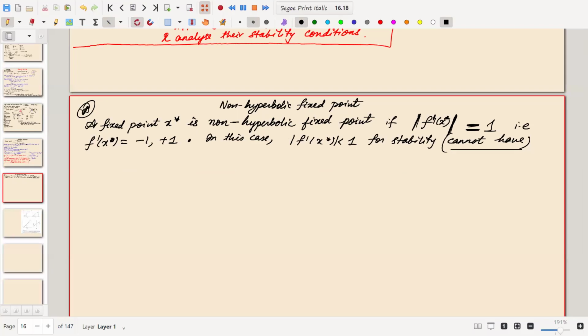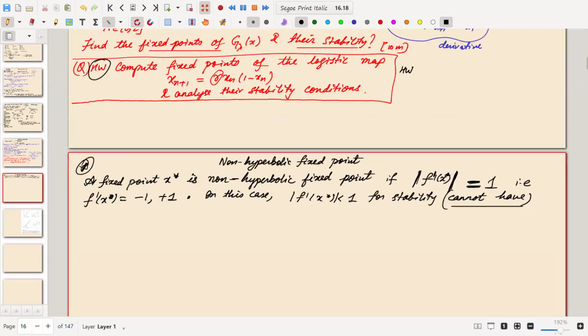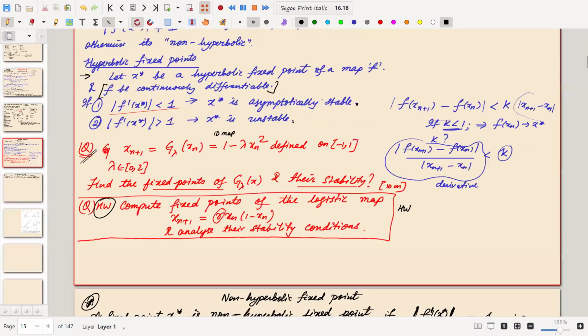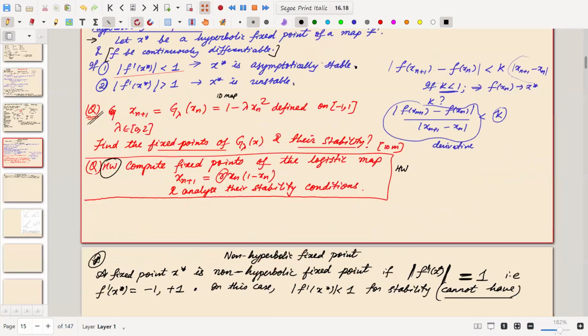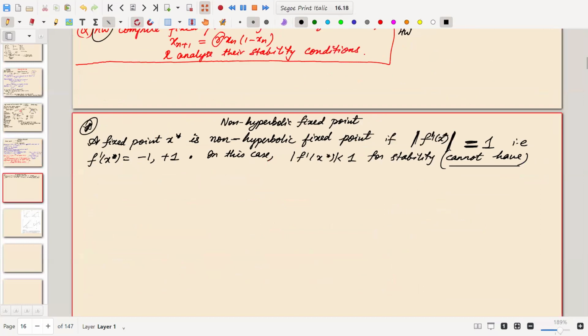It should not be that you just see this theorem and take it as is. Remember that previously, when you started with a map f, you took the derivative to check the stability. Now your derivative is not helping you in this case for stability.